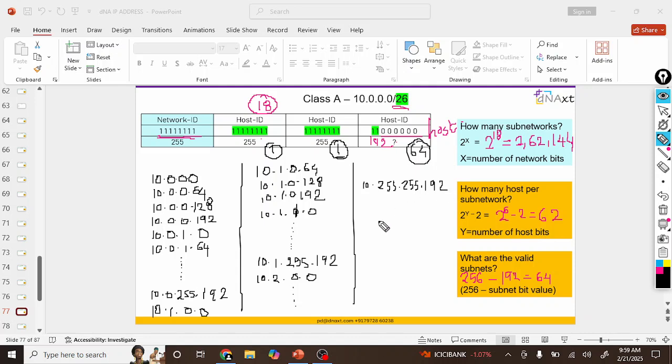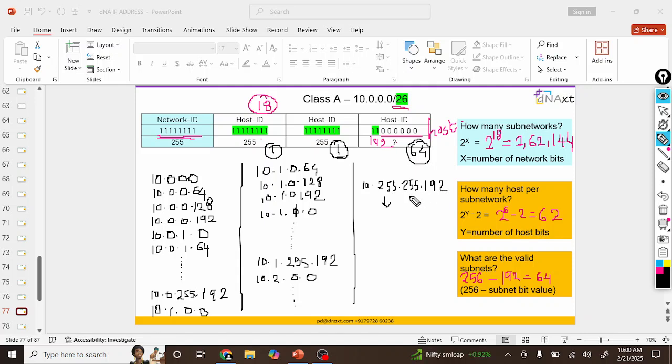10.255.255.192. This will be your last subnetwork, because you cannot do an increment of 64 in the fourth octet, that will give you 256. You cannot do an increment of 1 in the third octet, because that will again give you 256, and here also you cannot do an increment because this will give you 256. So in any octet you cannot do the increment. That means this is your last subnet. Its broadcast ID will be 10.255.255.255.